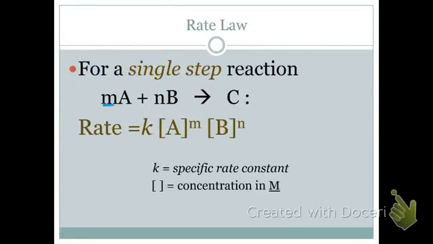So the rate is going to be the concentration, because remember brackets mean concentration, of your reactants raised to their coefficients. And that's what your rate is equal to. And then k is our specific rate constant that we can calculate. Wait, so what are A and B again? Your reactants. Yeah. Your products do not appear in the rate law that we're doing. Your products don't appear.